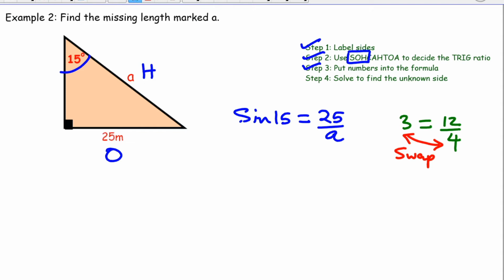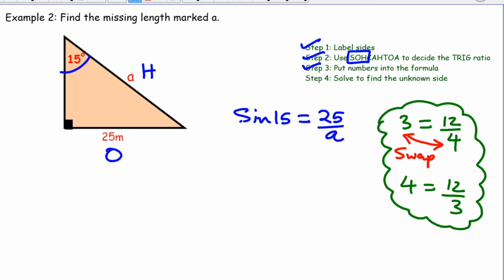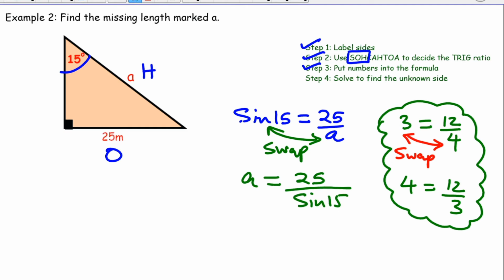I'll end up with this new equation: 4 is equal to 12 divided by 3. Both of these equations are correct, which means if I swap these numbers here, I really don't change the equation. The equation will still be true. And that will help me to find A. So swap A and sine 15. So A will be equal to 25 divided by sine 15.